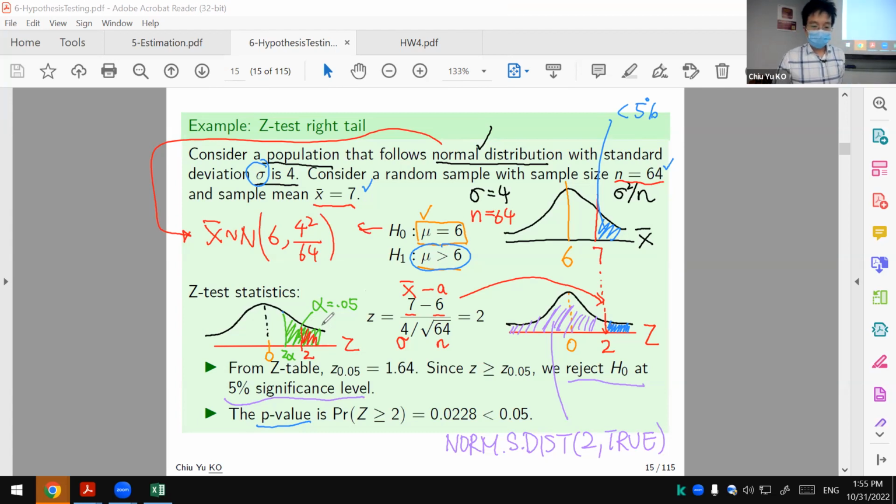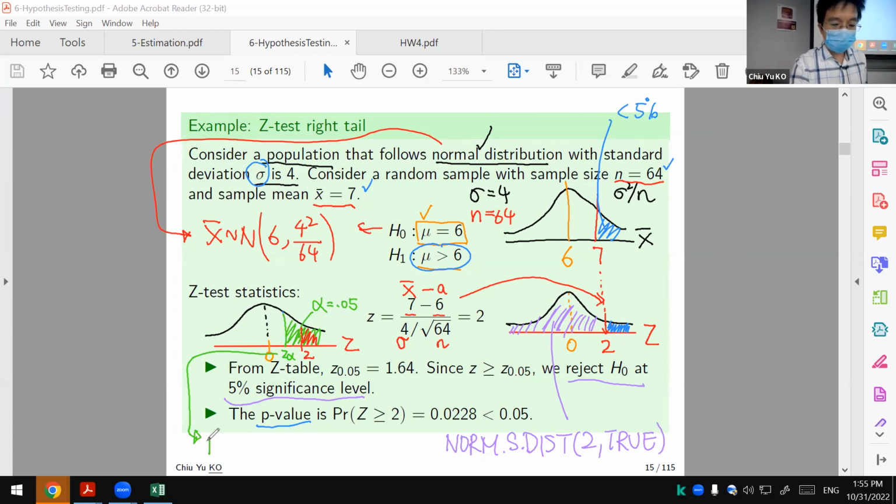Okay. So how to find this Z alpha? You want to go from the area back to below. That is how you can do that. It is very simple. Do remember Excel always does the left-hand side. So if the right-hand side is 5%, the left-hand side is 95%.